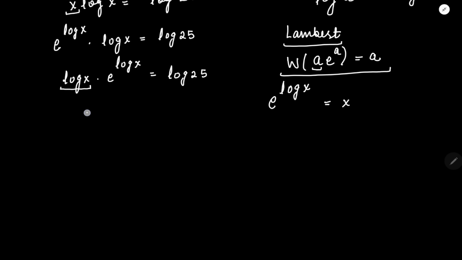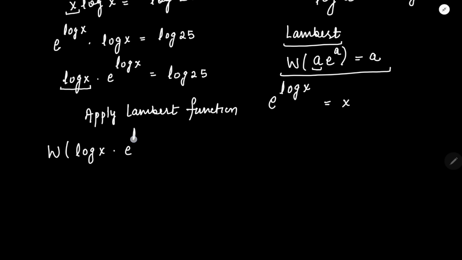So what will I do now? I will apply Lambert W function. What will I get? I will get log x times e raised to power log x, I applied on left hand side, W of log 25 I applied on right hand side, right?